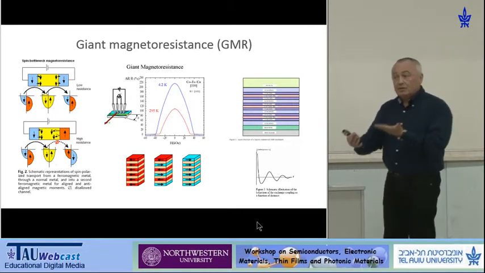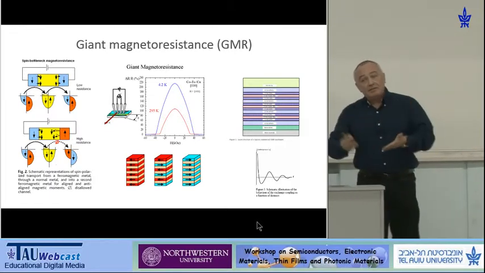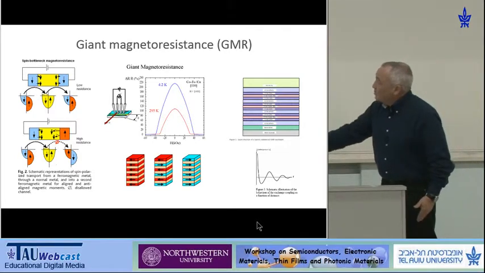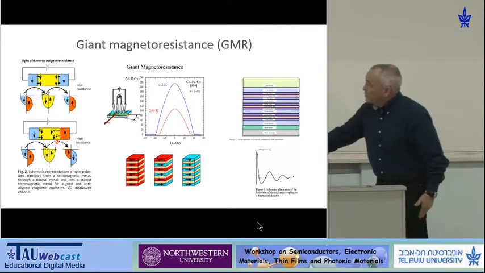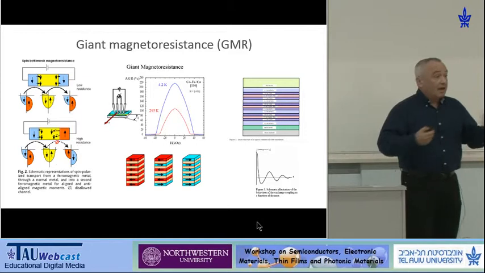If the magnetization is anti-parallel, then polarized spin has difficulties in penetrating the layer which is magnetized in the opposite direction. And that's why the resistance is large.